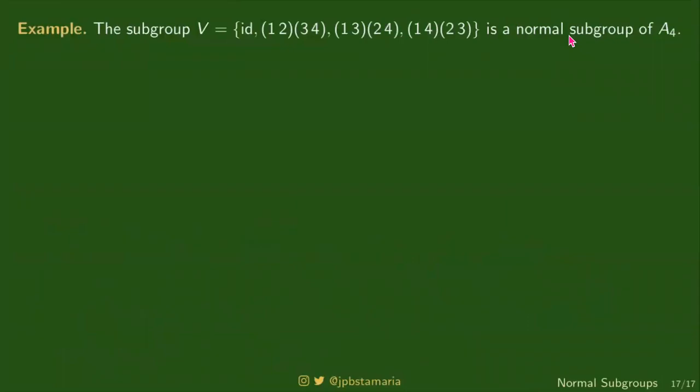So let's try to apply it this time to this example. Naalala niyo yung subgroup ng A4 na ito? Ito yung mga products ng disjoint two cycles kasama yung identity.